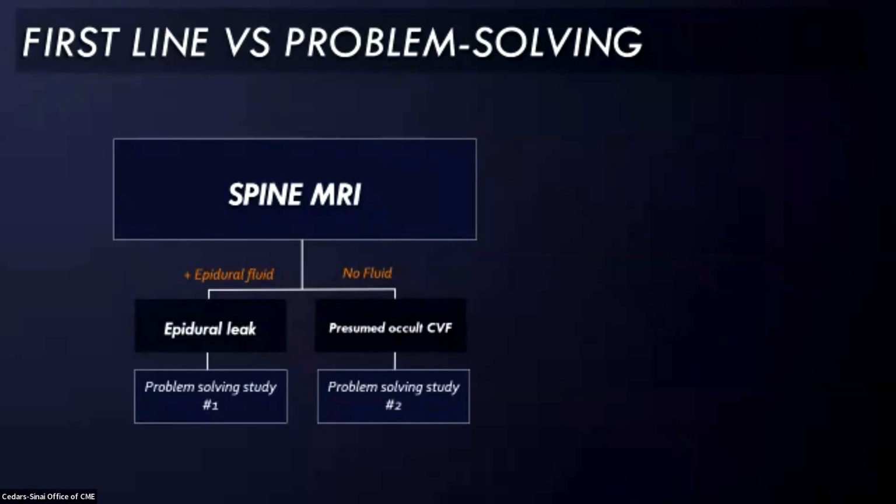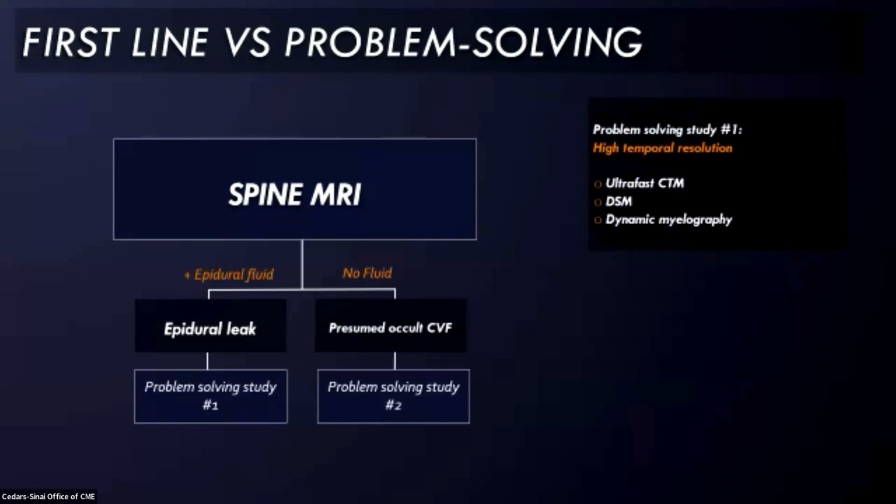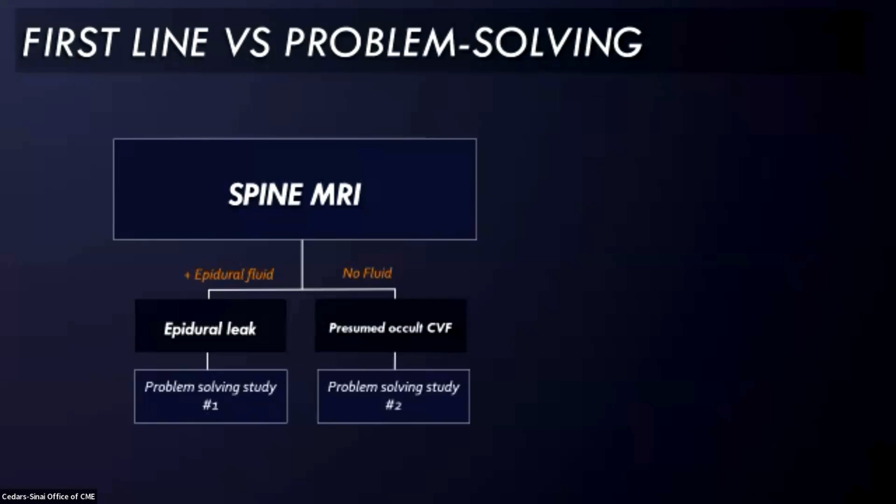The goal of that spine MRI is not necessarily to localize leaks, but to stratify patients into one of two conditions: they either have epidural fluid, in which case they have an epidural leak, which can be one of those ventral leaks or one of those lateral dural tears that Dr. Sheving talked about, or you see no fluid. And if you know the patient has SIH, that's going to be a presumed occult CSF venous fistula.